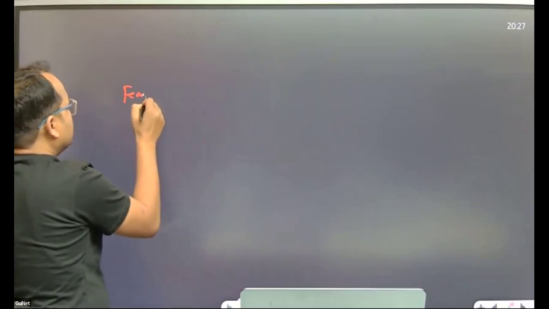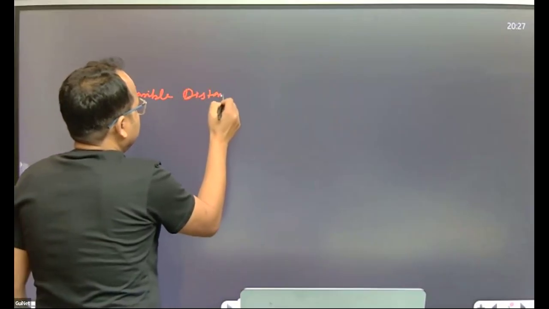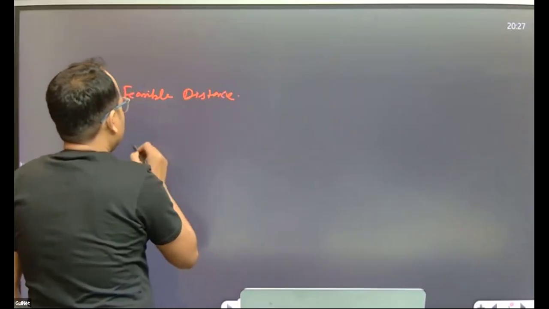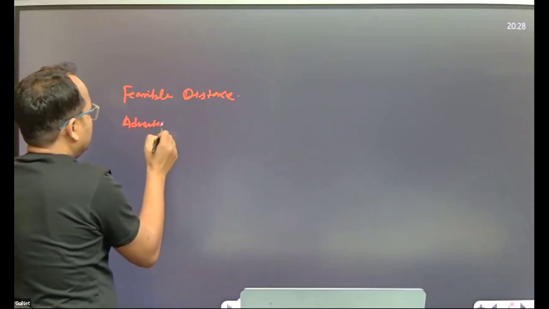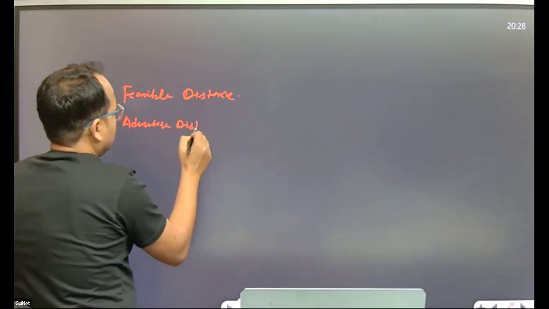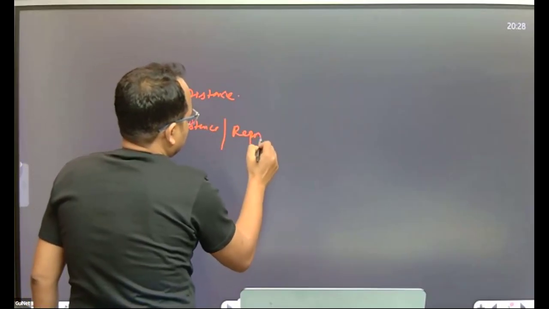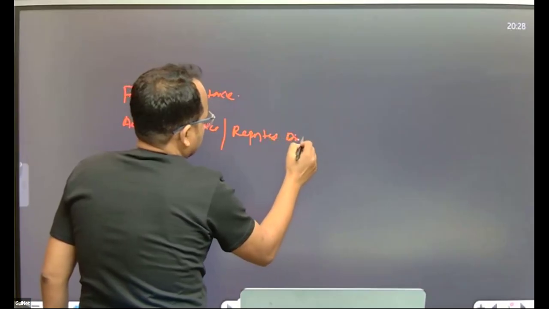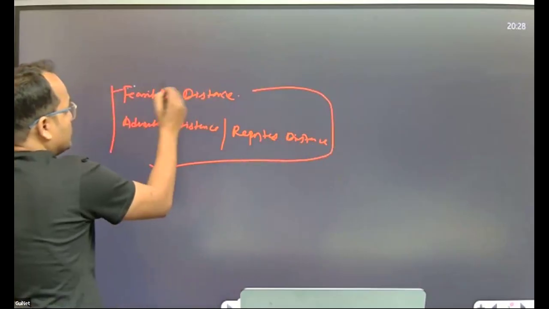Think in this way, we are talking about the feasible distance, and we have the advertised distance. Also, this is known as the reported distance. So what is the difference between these two?